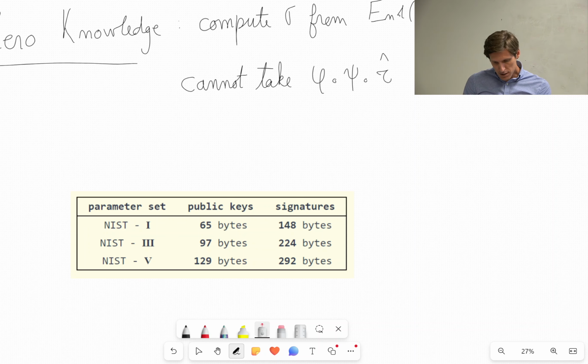You see the public keys are 65 bytes at NIST level 1, and the signatures are about 150 bytes. This is by far the smallest among all the competitors in the digital signature standardization process. It's really by far the most compact option.